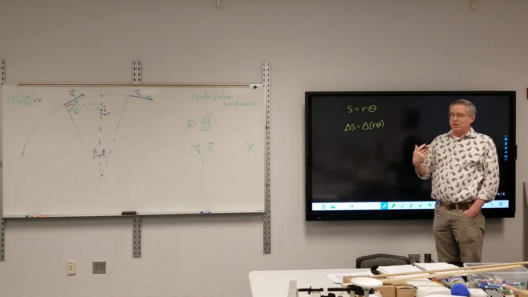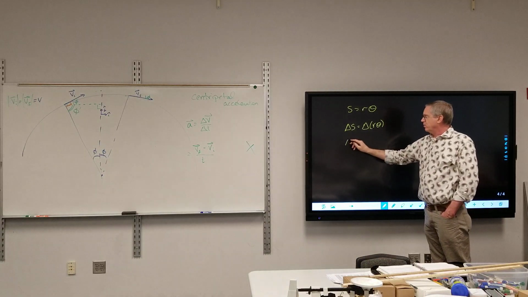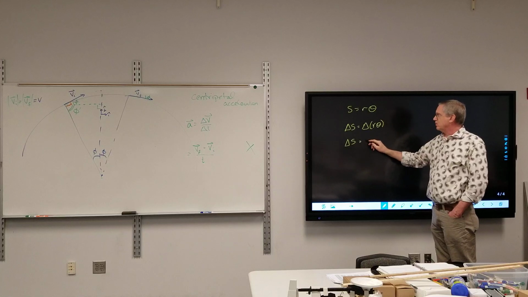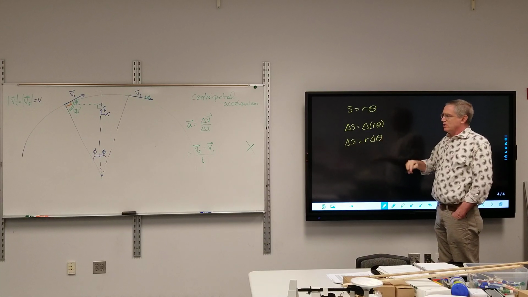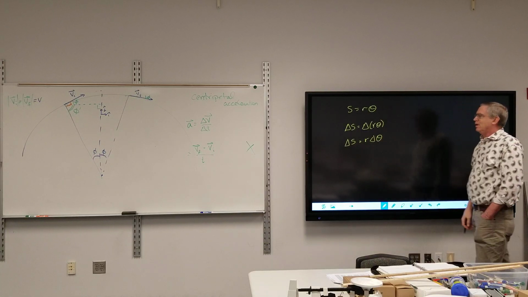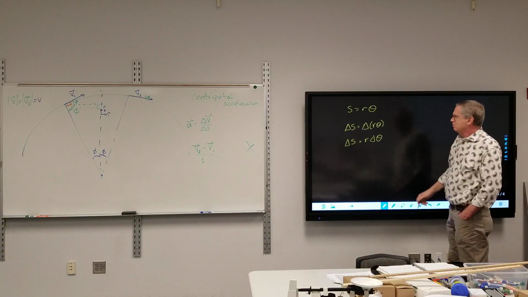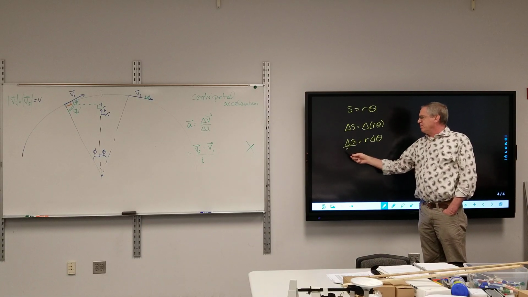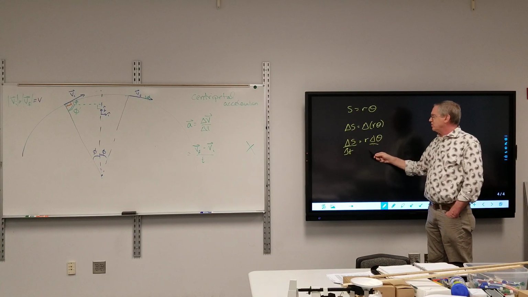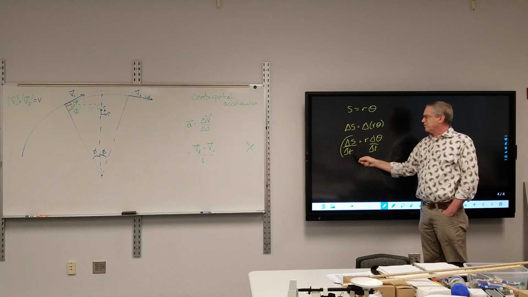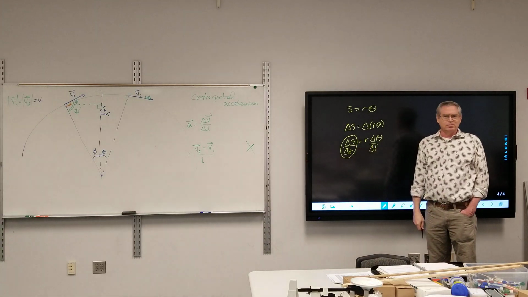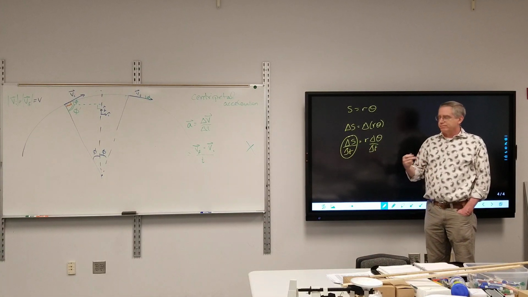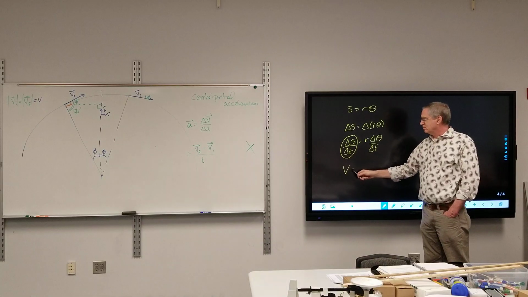I know the radius isn't going to change, so that can factor out. So I'm left with the change in distance is equal to R times the change in the angle. If I divide by time, how much time it took to do that, well, over here, this is distance divided by time, otherwise known as speed. Or in this case, velocity.